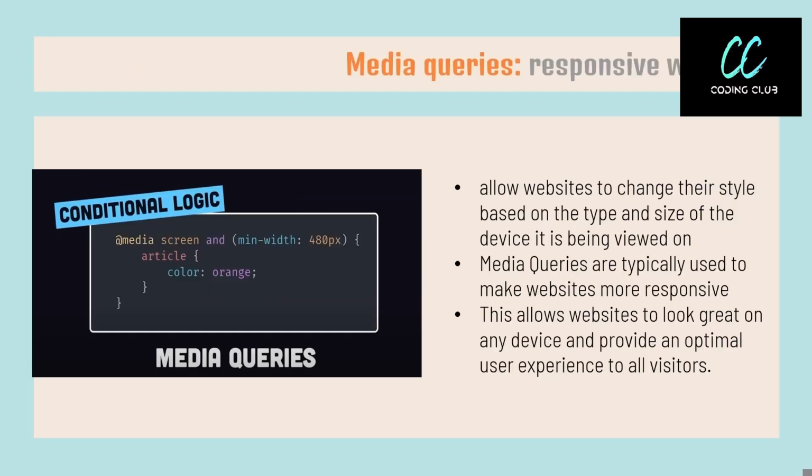And also, you might say, yeah, we designed the website for my PC, where the screen size is bigger. But what about the phone? When I open that website on a phone, it looks messy. I can't even see anything. For that, we can use media queries in CSS. There is a specific part which uses conditional logic to design for different screen sizes.